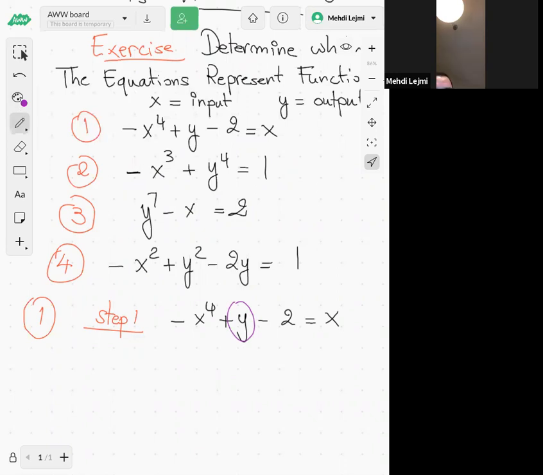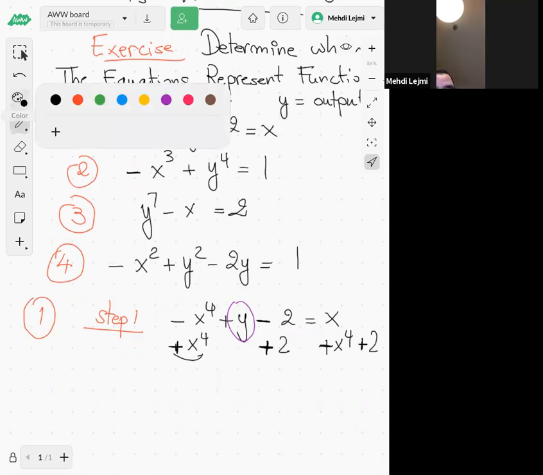This is minus x to the power 4, so the opposite would be plus x to the power 4. Because I add plus x to the power 4 on the left, I need to do exactly the same on the right side. This is a minus 2, so I need a plus 2 here to get rid of it, and then I have to add plus 2 on the right side.